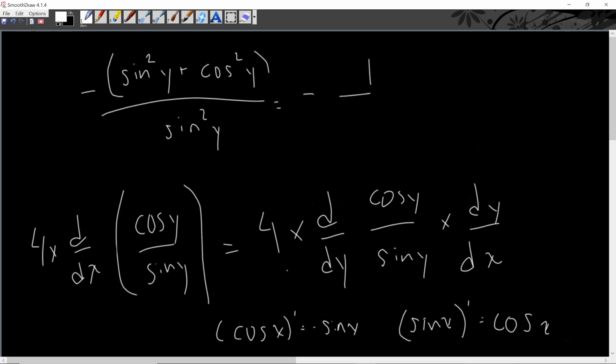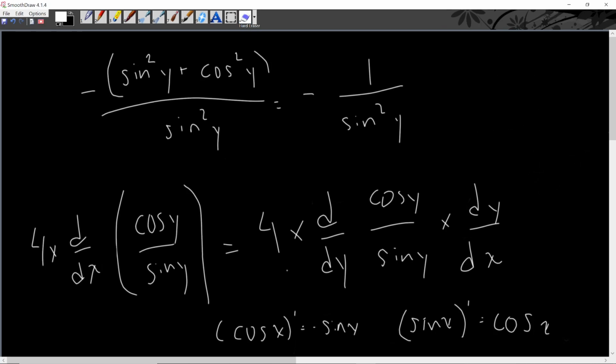So we have 1 over sine squared y. And you could just memorize that the derivative of cotan x is equal to negative cosecant squared. So 1 over sine is cosecant.